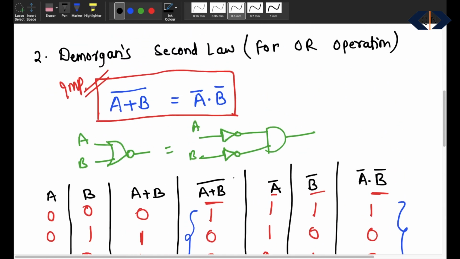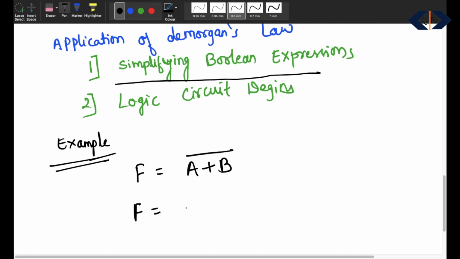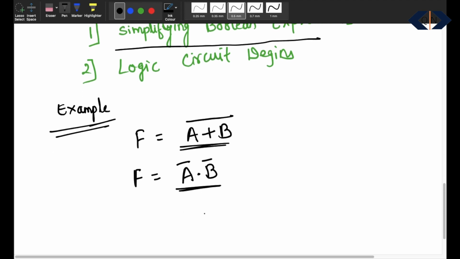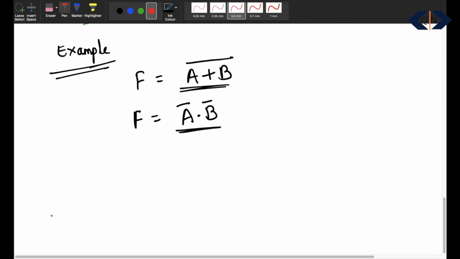(A plus B) bar equals what? A bar dot B bar. So this circuit can be represented in this form also. Now let's see something slightly complex. It is not that complex, but it is complex.